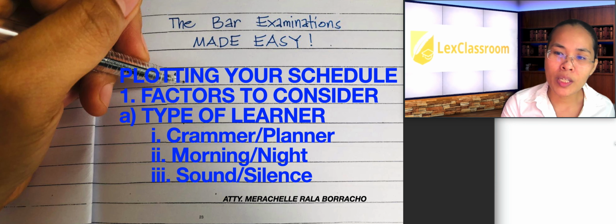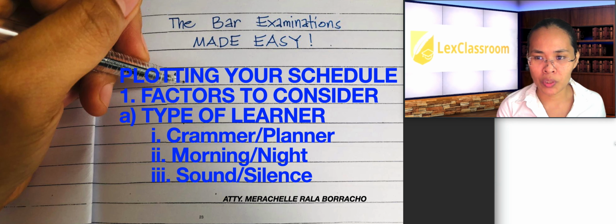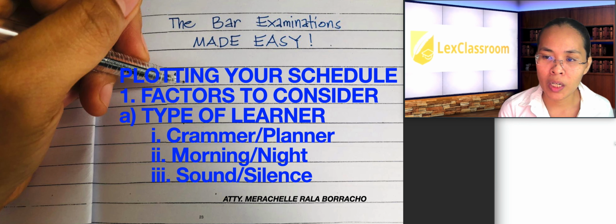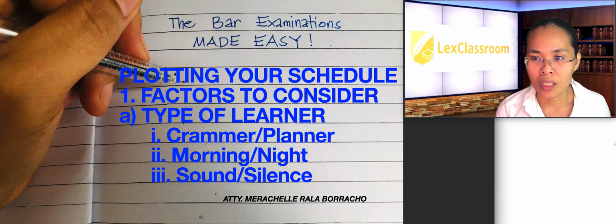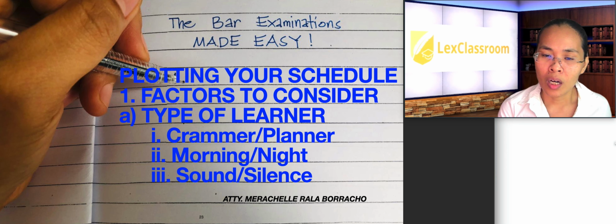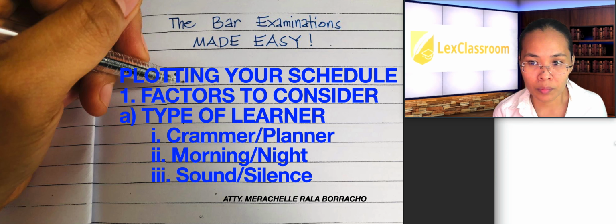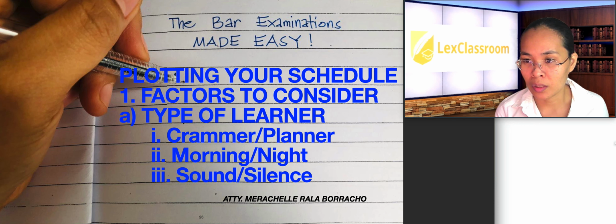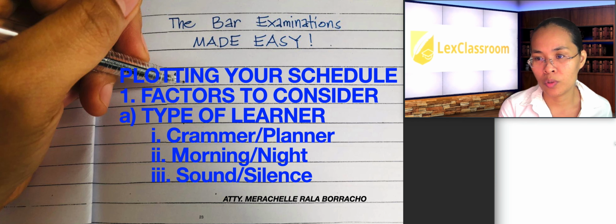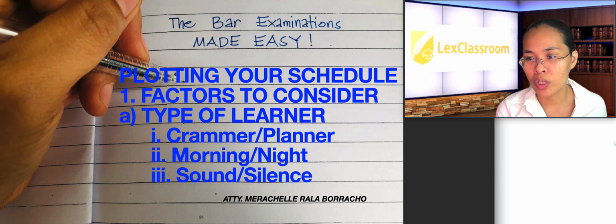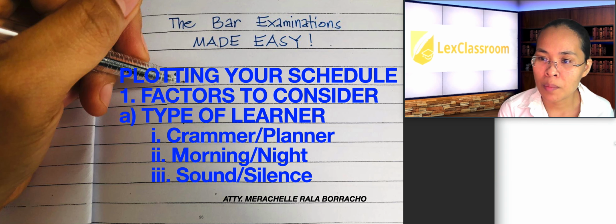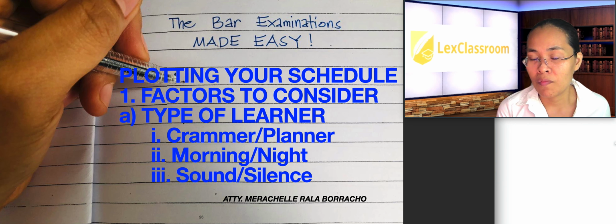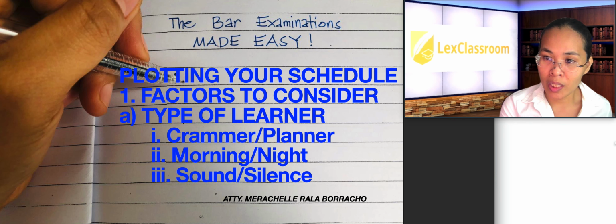So I always advise my students, if you are a night person, make sure that before the bar examinations you have already adapted to the new timeline, such that you slowly change your scheduling. If you are awake at 2 o'clock in the morning, then you extend your rest, so that during the bar examinations, when you should be in the venue at 7 o'clock in the morning, you're already prepared.